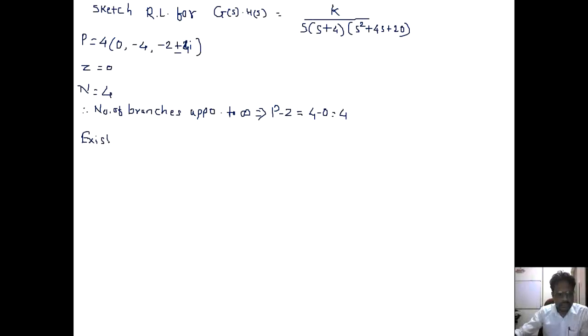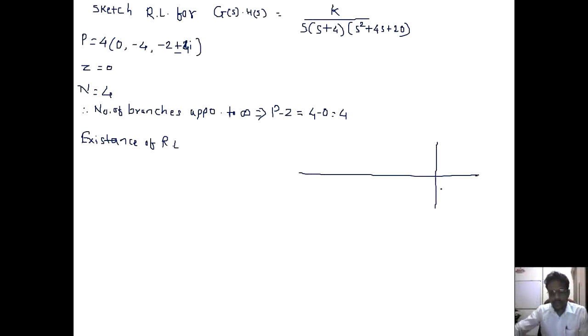So let us consider this S plane and mark all the poles. The first pole is at 0, then -4, then -2 plus 4i and -2 minus 4i. Suppose this is 0, then suppose -4 here. All are poles, so mark them by a cross.